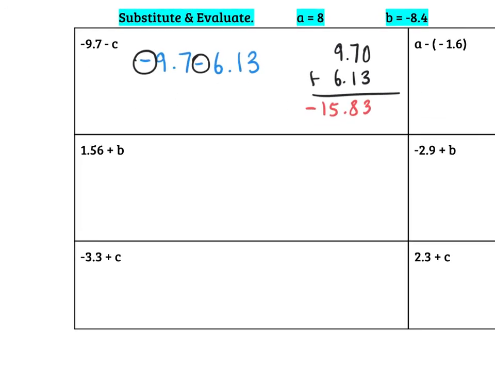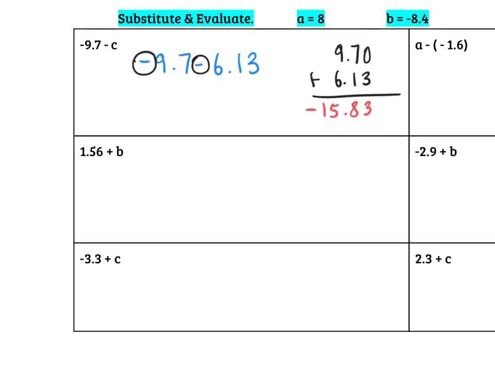My next one, I'm going to plug in what B is here, 1.56 plus a negative 8.4. So I know my negative's going to win here. And I'm subtracting a larger number, so I know my answer must be negative.